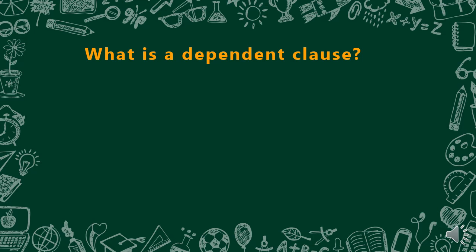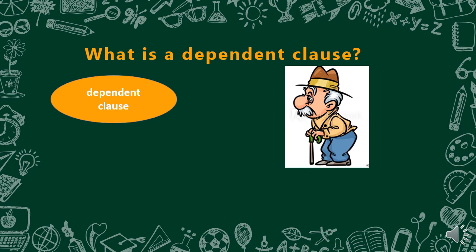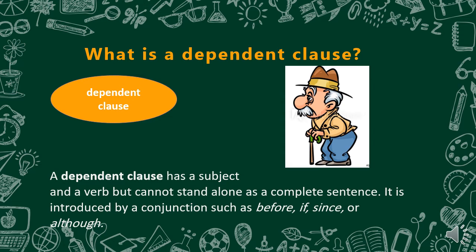Okay, what is a dependent clause? A dependent clause is a group of words that has a subject and a verb but cannot stand alone. It needs help. It cannot stand alone as a complete sentence. It is introduced by a conjunction such as before.